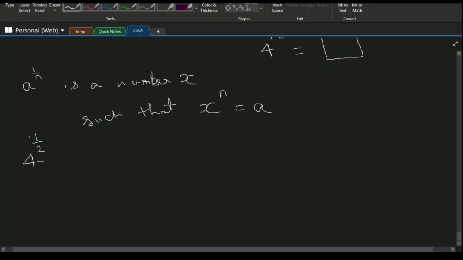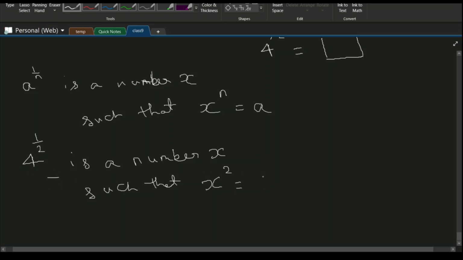This is principal second root of 4, a number x such that x to the power what? In the denominator, what power do I see? 2. So x to the power 2 should give me this a back.